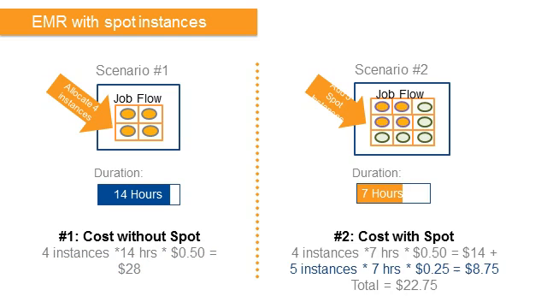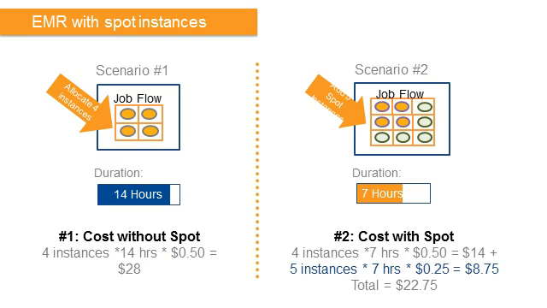So you can see a worked example here of running a 4-node cluster for 14 hours, 50 cents per node, would cost $28. Adding spot instances to that, which you acquire at lower cost than those on-demand nodes anyway, shortens the length of time that's required to execute that task. You can reduce the cost of running that job to $22.75 in this particular example.